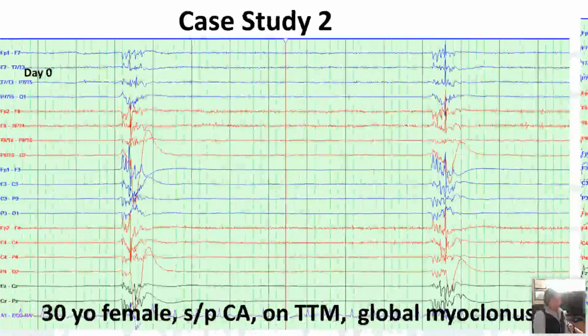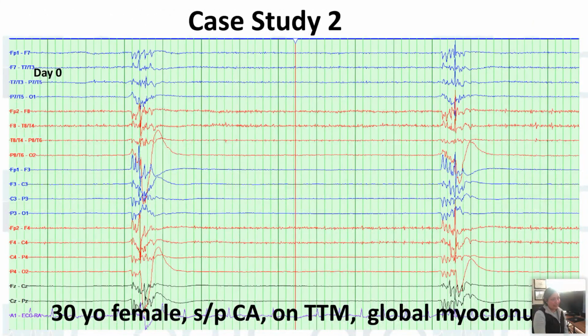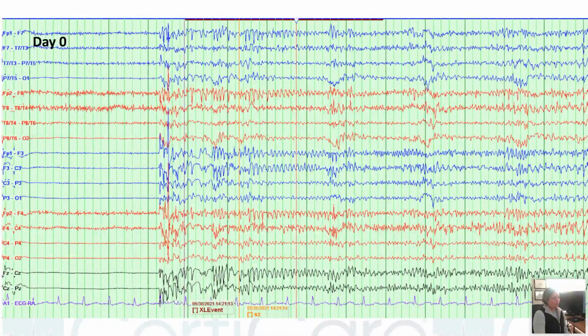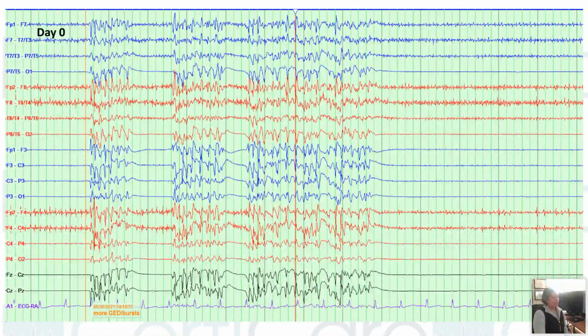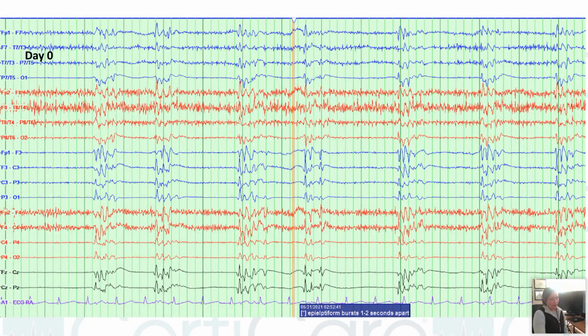From this one with a burst suppression and highly epileptiform identical bursts, to a seizure. Patient is having an electrographic seizure. There are more generalized discharges. The burst suppression with epileptiform bursts continues. And then we have burst suppression with epileptiform bursts 1 to 2 seconds apart.